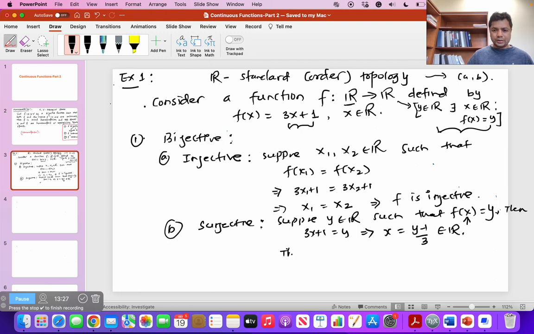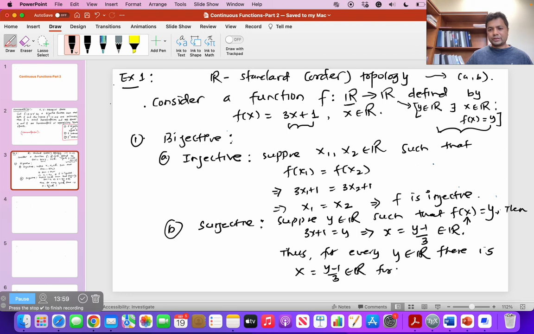You can write it like this: thus for every y in R, where R is our codomain, the second set in our function, there is an x, which is y minus 1 over 3, in the domain R, for which f of x equals y.